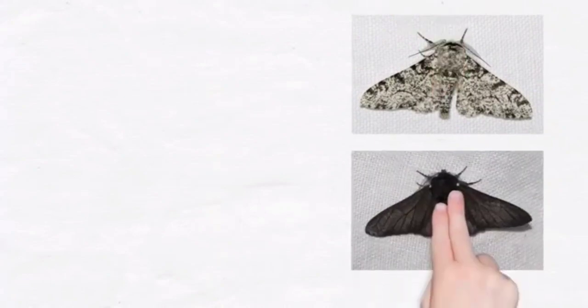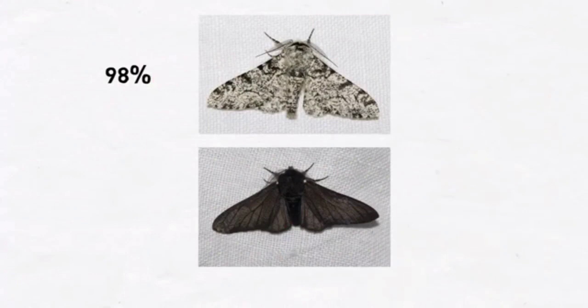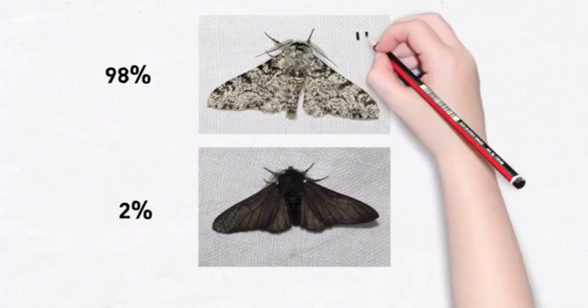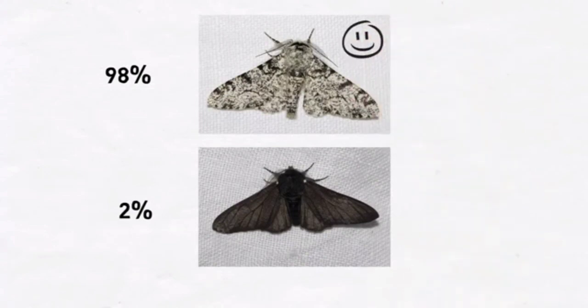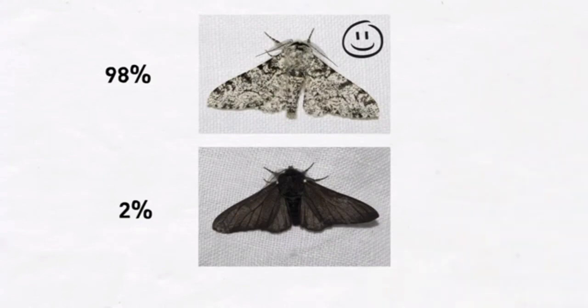Confused? Take the peppered moth. In London in the early 1800s, 98% of peppered moths had light-coloured bodies. Only 2% were dark. The light moths were very happy because they were the same colour as the trees, which meant that they could easily hide from hungry birds. The dark peppered moths were easy to see and, well, eat.